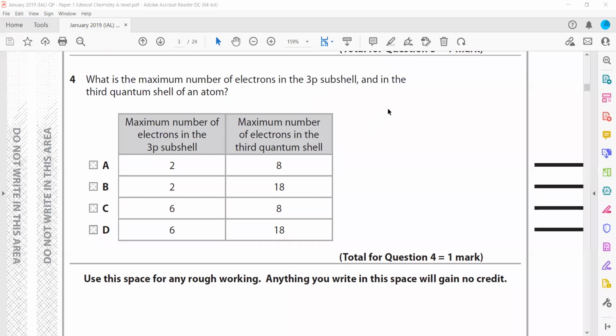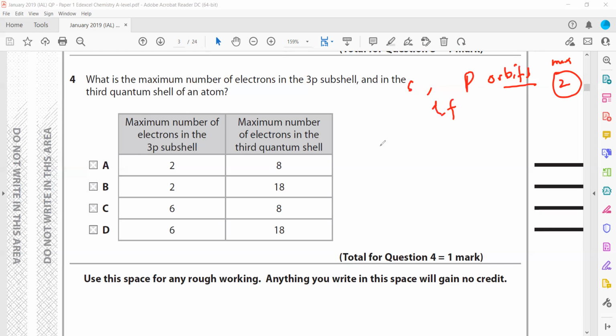What is the maximum number of electrons in the 3p subshell and in the third quantum shell of an atom? They are asking about the subshell, not the orbital. If the question was about an orbital, whether it is an s, p, d or f orbital, the maximum number of electrons in each orbital is 2.